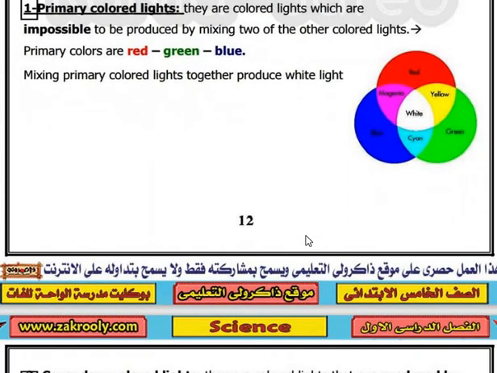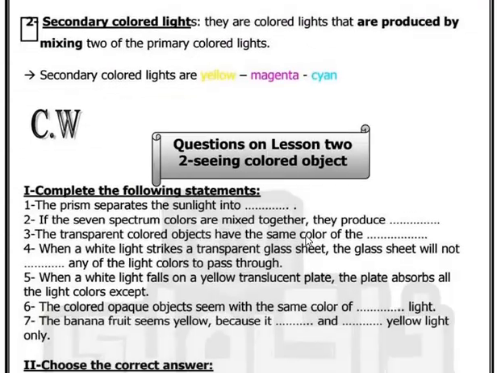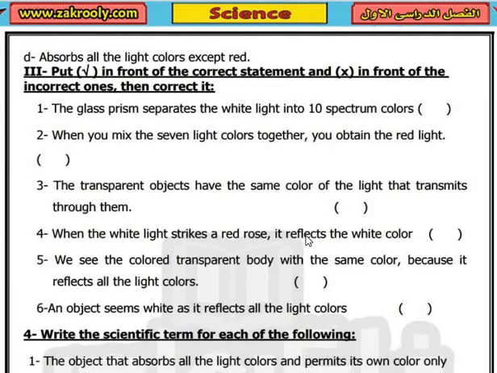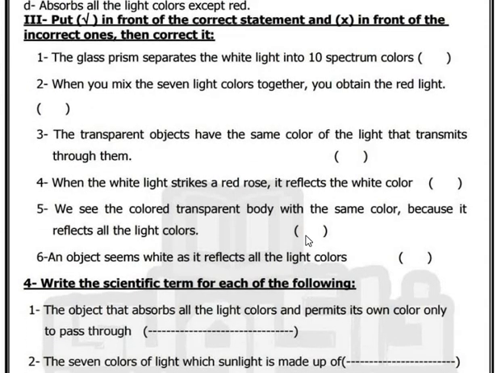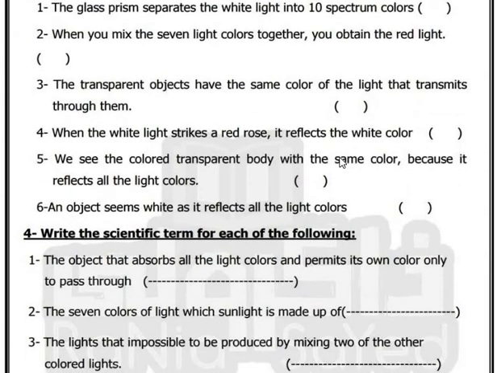okay. طب خلينا نتنقل بقى لسام exercise كده على الجزء اللي اخدناه. Put true or false. Number 1, the glass prism separates the white light into 10 spectrum colors. No, 7 spectrum colors.